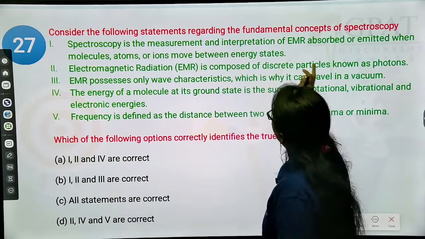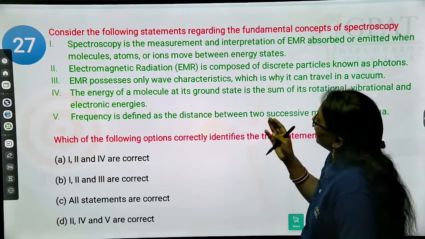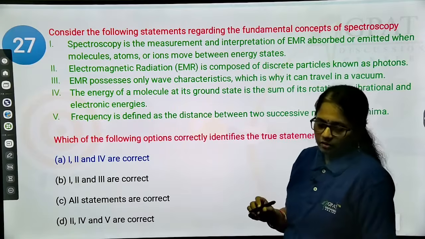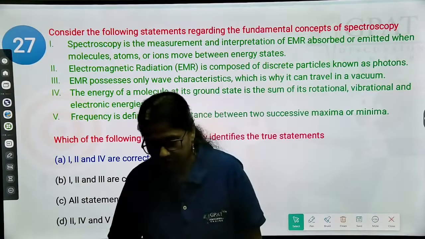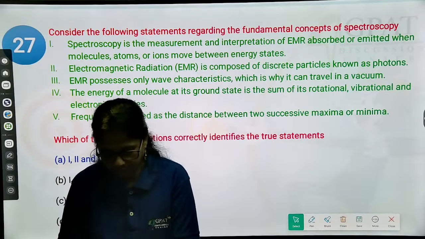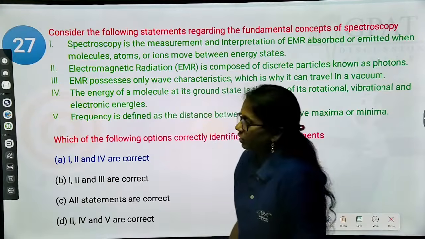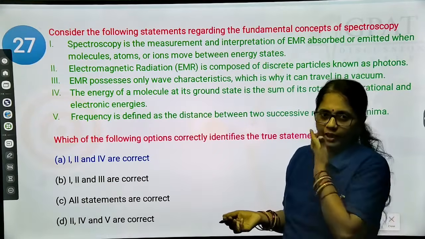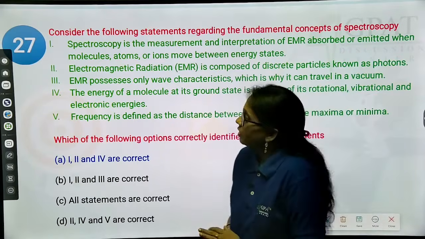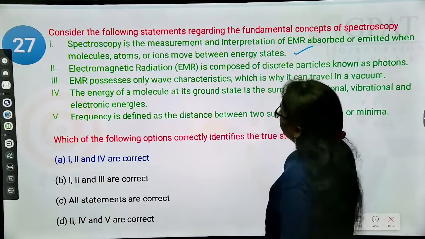Spectroscopy is the measurement and interpretation of the energy absorbed or emitted when molecules, atoms or ions move between the energy states. Definitely it is going to be the right answer. That means whenever the particulate matter interacts with the electromagnetic radiation, it may happen at molecular level, atomic level, ionic level also, and we look at what the energy differences are. So the first one is going to be the right one.